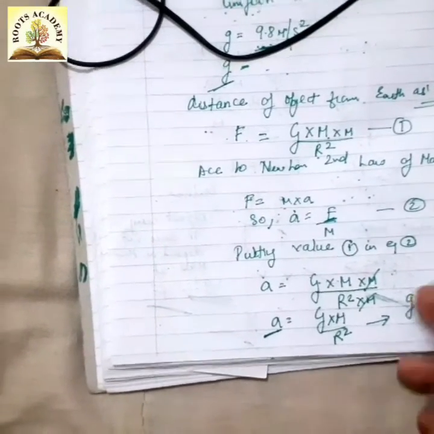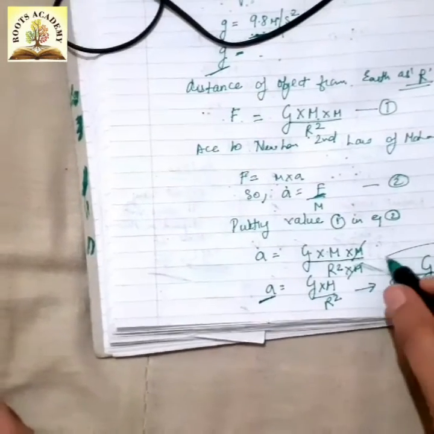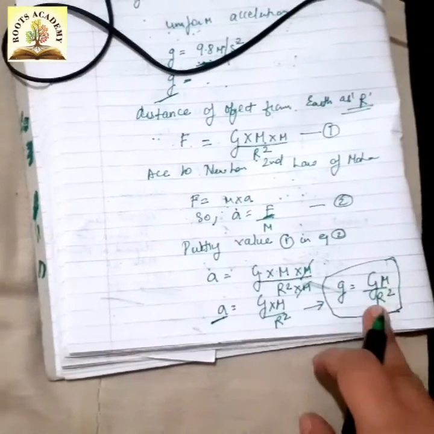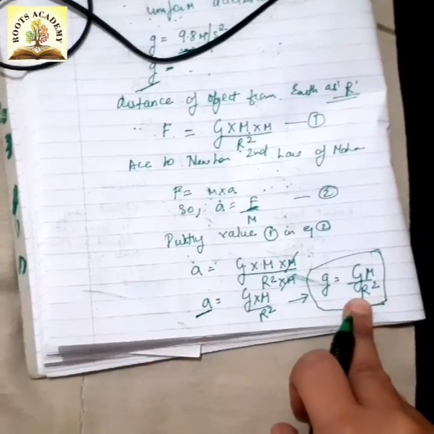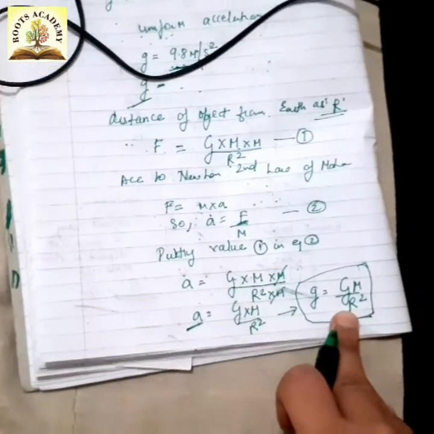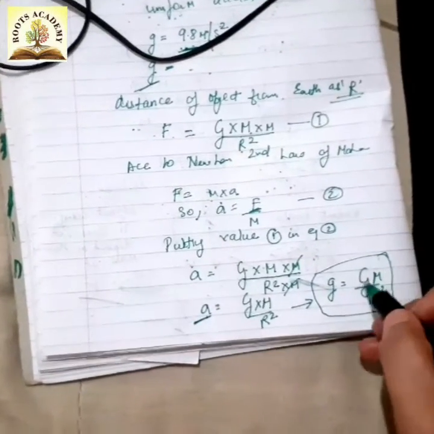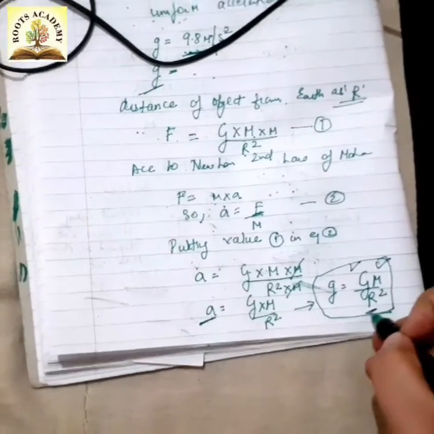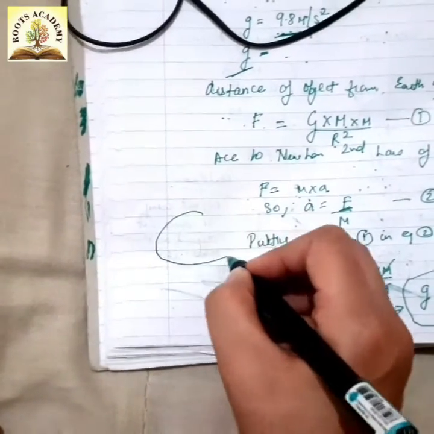So the formula for acceleration due to gravity, the value of small g, is g equals G M over R squared, where G is the gravitational constant, M the mass of the earth, and R the distance of the earth from the object. Here G is constant, mass is constant, and the distance is also constant, but the earth is not a circle.